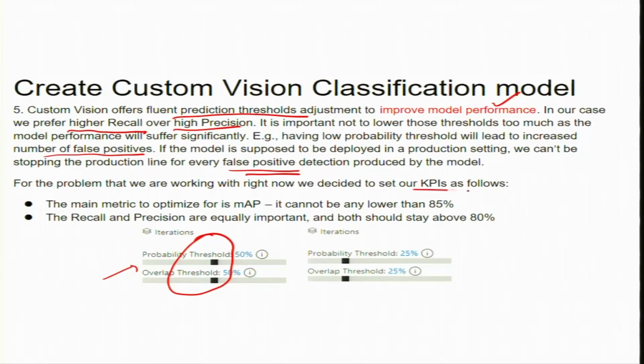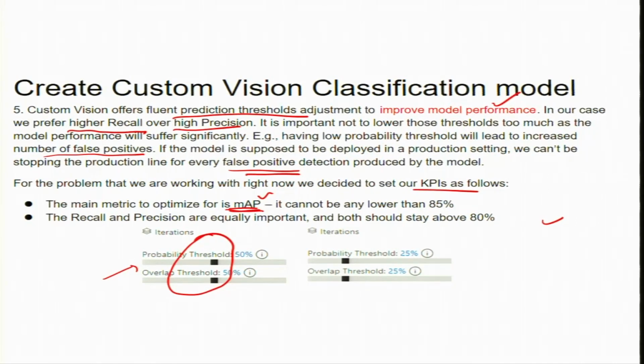Therefore, the key performance indicators, or KPIs, will be as follows and will be tunable to improve the model performance. The main metric to optimize is the mAP, which is the average of precision and recall.